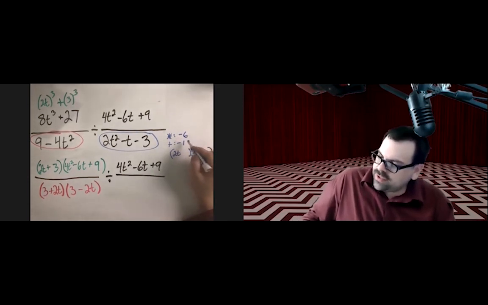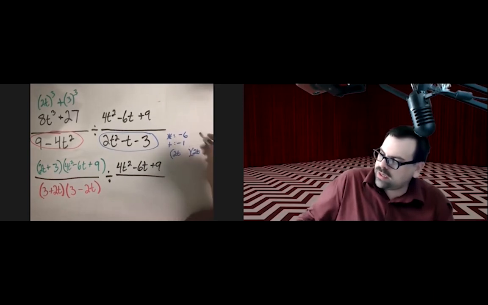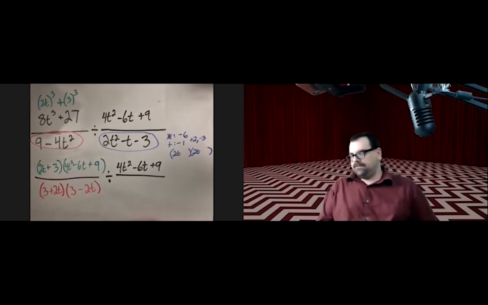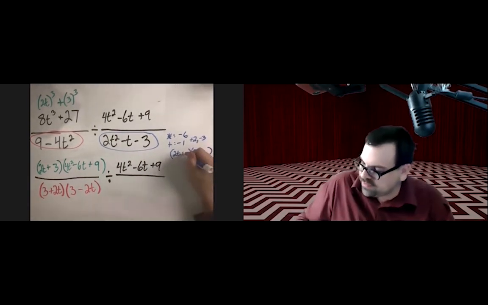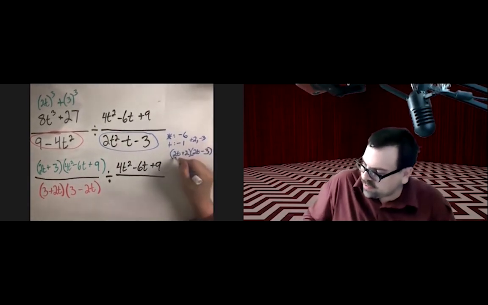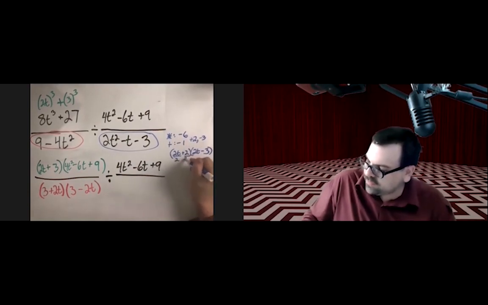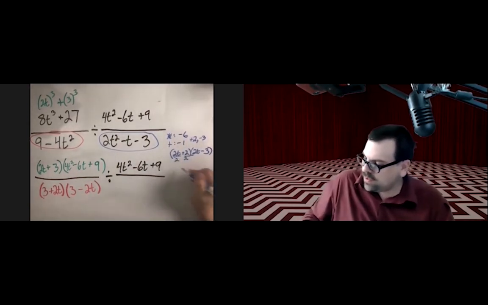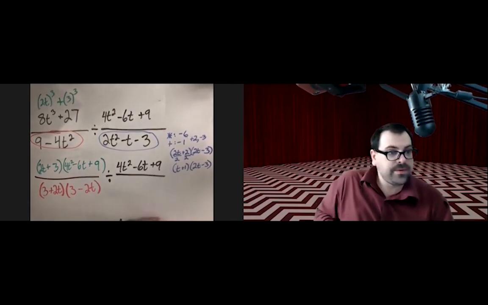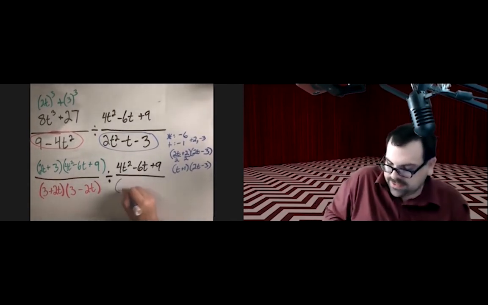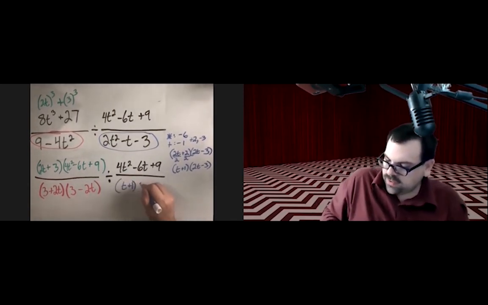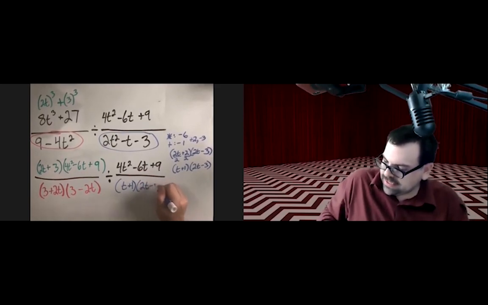These numbers that multiply to -6 and add to -1 are going to be +2 and -3. We put those in, +2 minus 3. Our corrective step will go here, dividing both by 2. And we get t plus 1 times 2t minus 3.